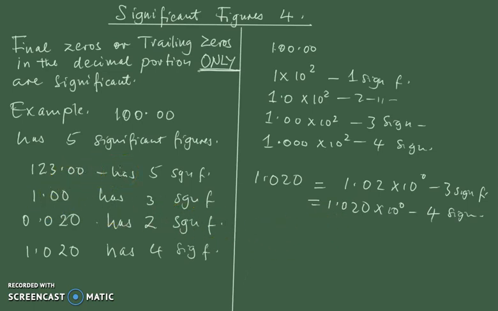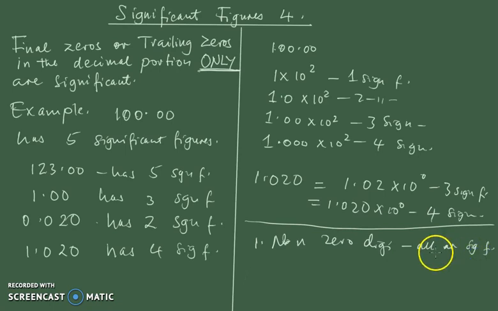And now you see how zeros play a big role in significant figures. In the first, we talked about all non-zero digits; all of them are significant figures. But we came to the second.